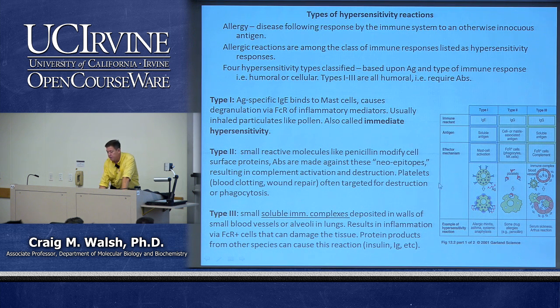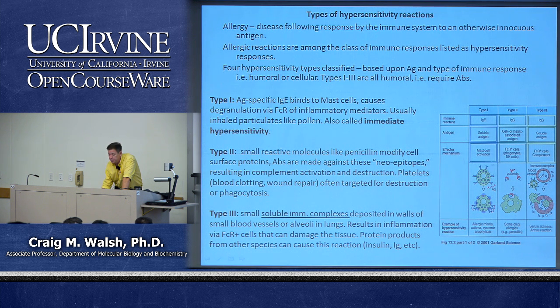So type 1, which is also shown over here, we know is the result of a specialized antibody isotype called IgE. So IgE, if it recognizes some of these food allergens or other allergens, which are soluble antigens that make their way into the mucosa typically, so they come into the gut through an oral route, or they come into your lungs because you're breathing this stuff, the result is that these IgE antibodies can then bind to that allergen.